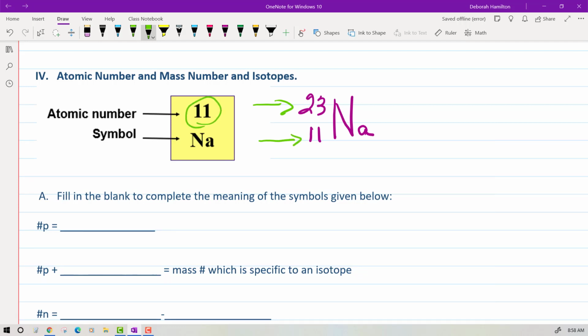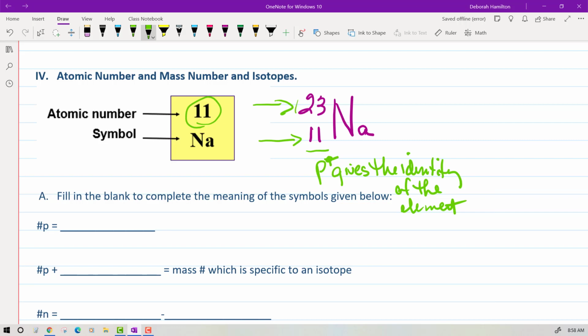Atomic number is the same as the number of protons in the nucleus, because the protons give the identity of the element. And that's really important. It gives the identity of the element.